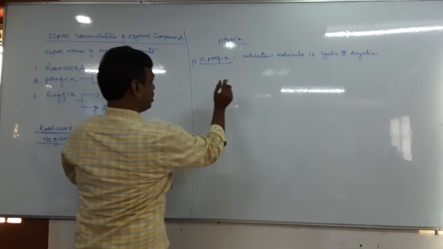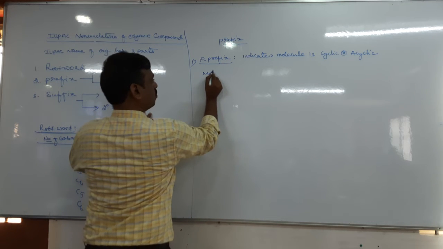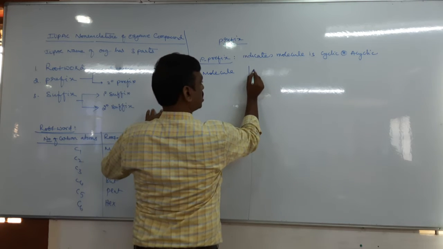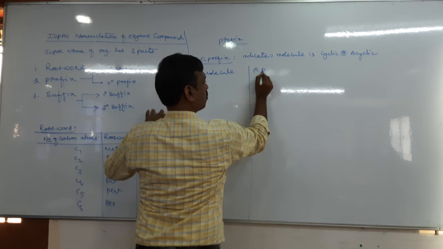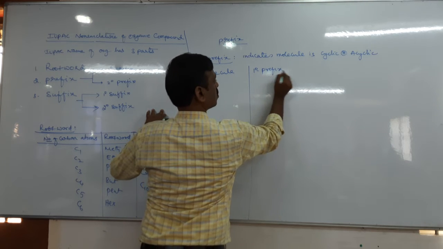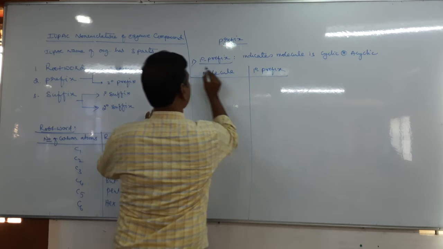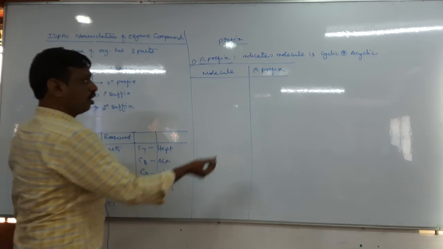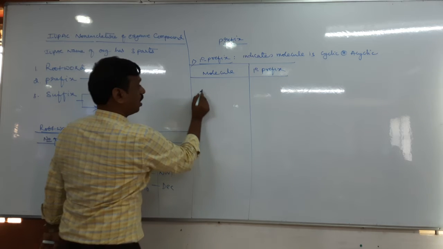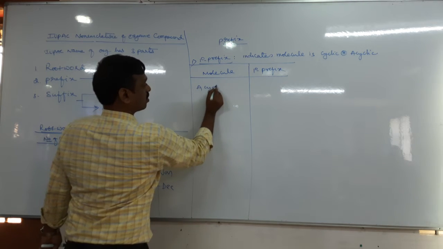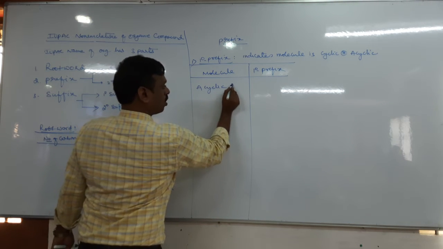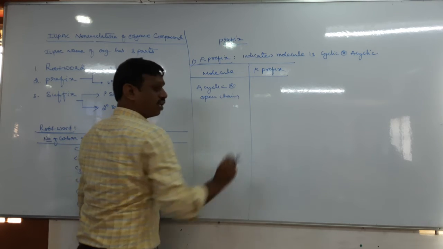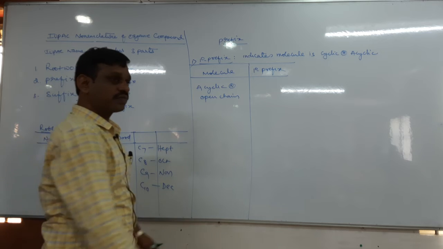Let us take the molecule in the first column and the primary prefix in the second column. Satvika, if the molecule is acyclic or open chain, what is the primary prefix?